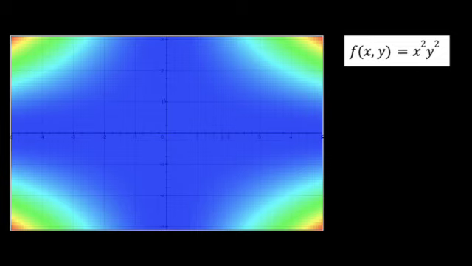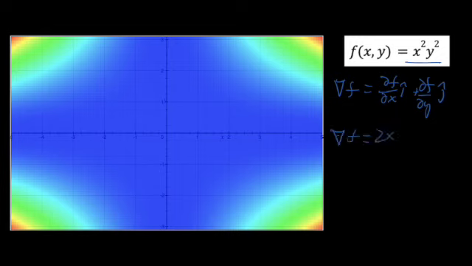If we take the gradient of this, the gradient of f would be the partial of f with respect to x times i, plus the partial of f with respect to y times j. For the partial with respect to x, you consider y to be a constant, so this would be 2x times y squared for the i component, plus 2y times x squared in the j component.